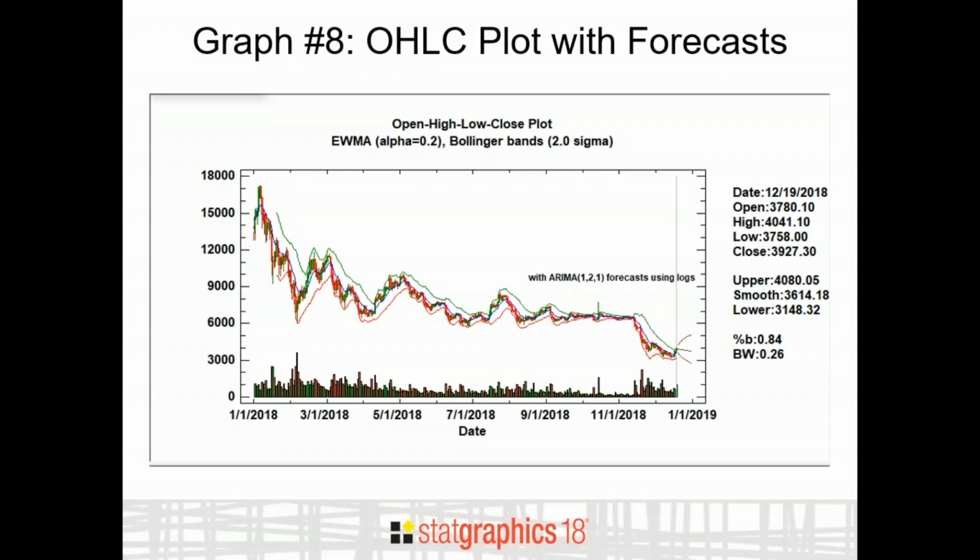However, given the volatility in Bitcoin prices, the forecast model with 95% confidence really thinks it could go either way. An interesting plot, I thought, the open-high-low-close plot, and I used the Stat Gallery, incidentally, in Statgraphics to superimpose the forecasts from the automatic forecasting procedure on top of that open-high-low-close plot.